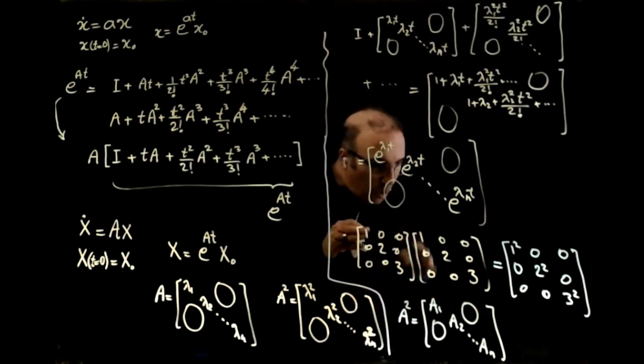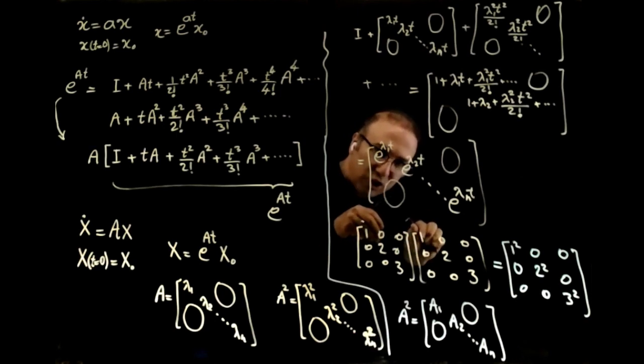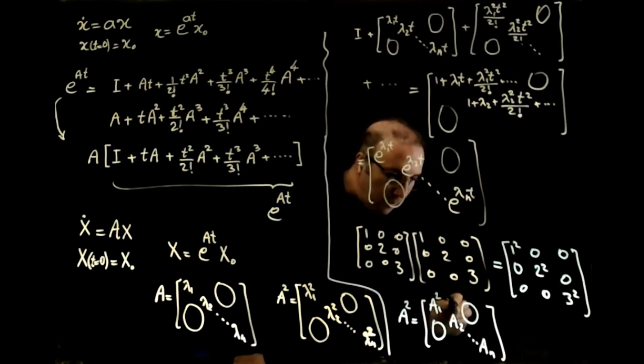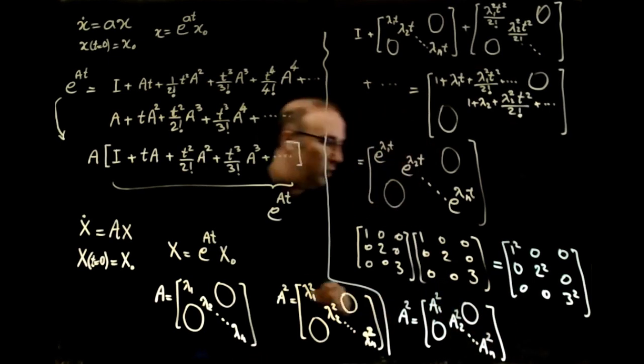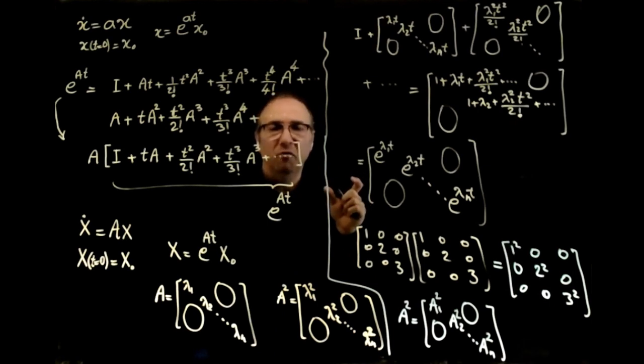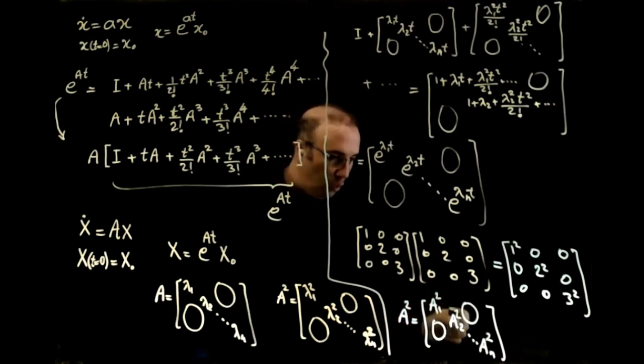It would follow the same way as we did for numbers, except that this time we have matrices. So this would be A1 to the power of 2, A2 to the power of 2, AN to the power of 2. Following the same logic, e to the power of At would be e to the power of A1 t, e to the power of A2 t. So if we know the exponential of a 2 by 2 matrix, and we have a bigger matrix comprising those 2 by 2 matrices, then we can do the same thing.